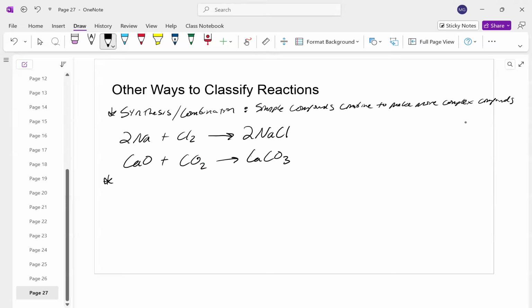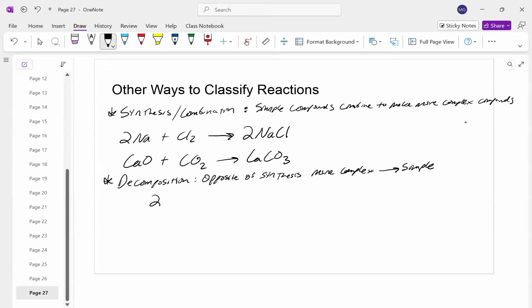Now, the flip side of that is decomposition. Okay, this is the opposite of synthesis. So where we take something more complex and break it down to make it more simple.